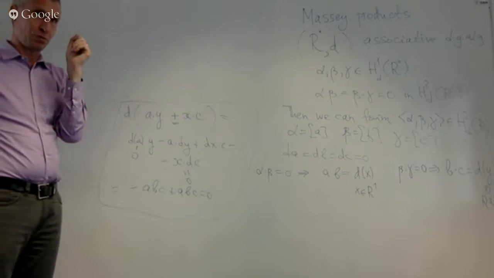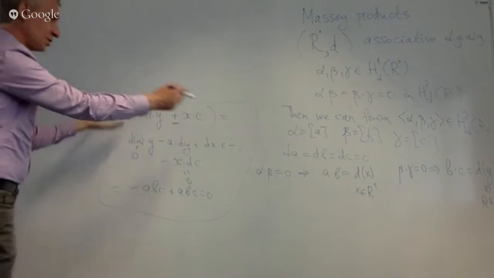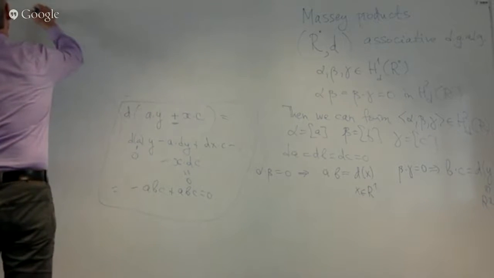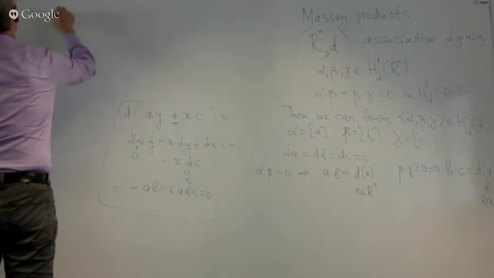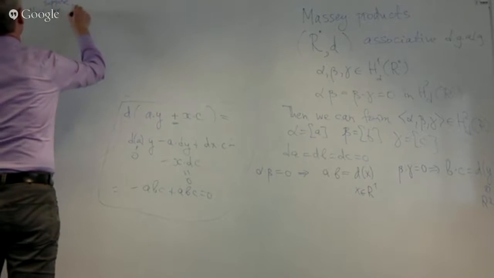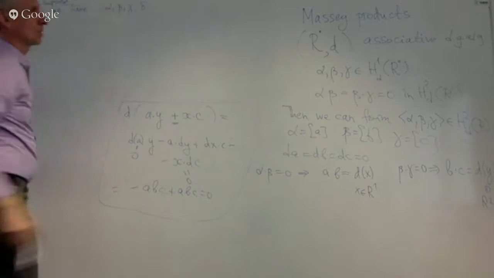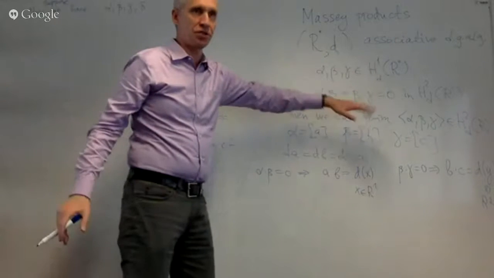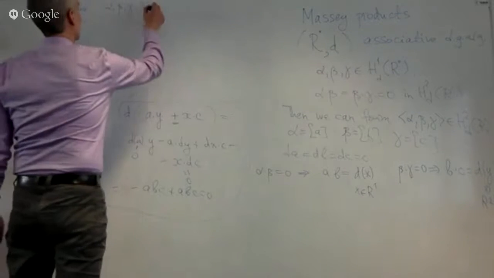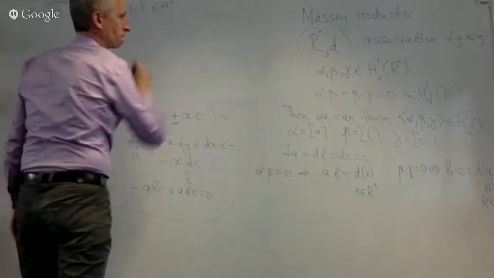So now, suppose I continue this. Suppose we have alpha, beta, gamma, delta. They can be in arbitrary degrees. It's just a question of adjusting the signs, right? Say in H1.